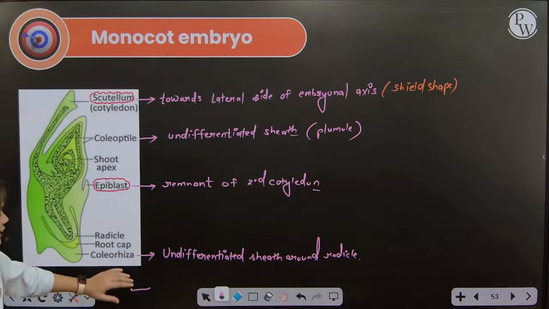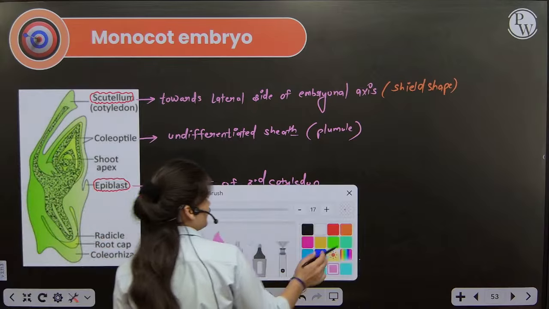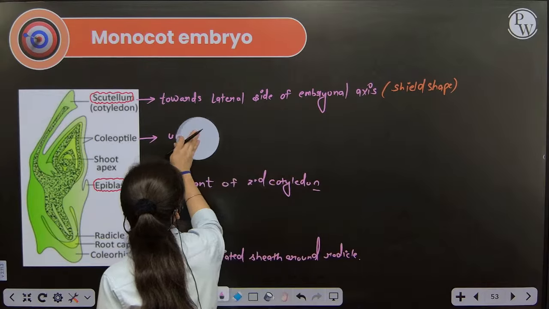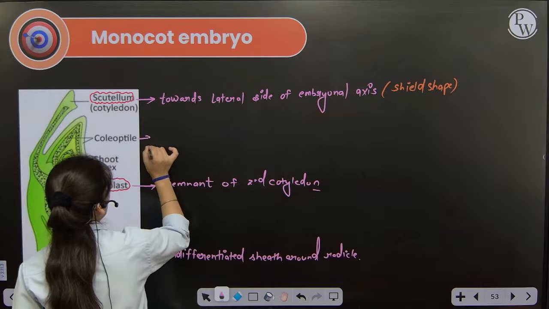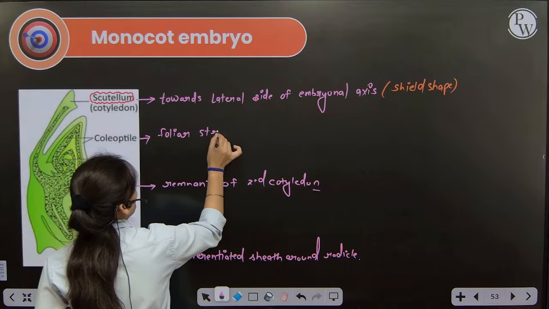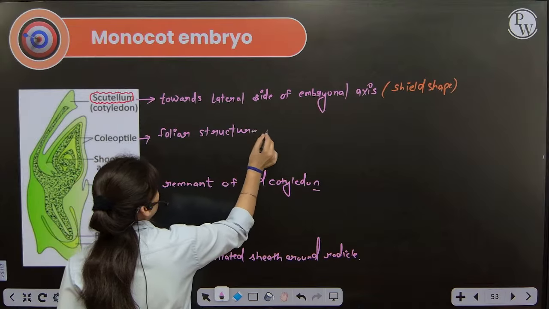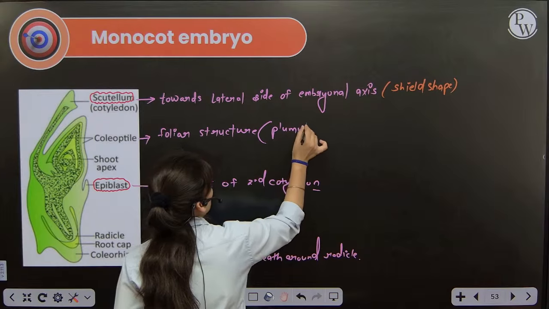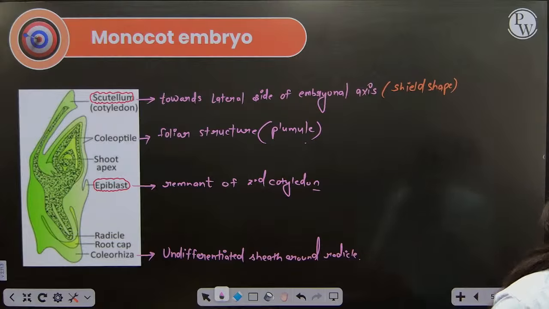R for radicle, R for rhiza, coleorhiza. Coleoptile is a foliar structure, leaf-like, a foliar structure around the plumule. It is the plumule covering. This is about monocot embryo.